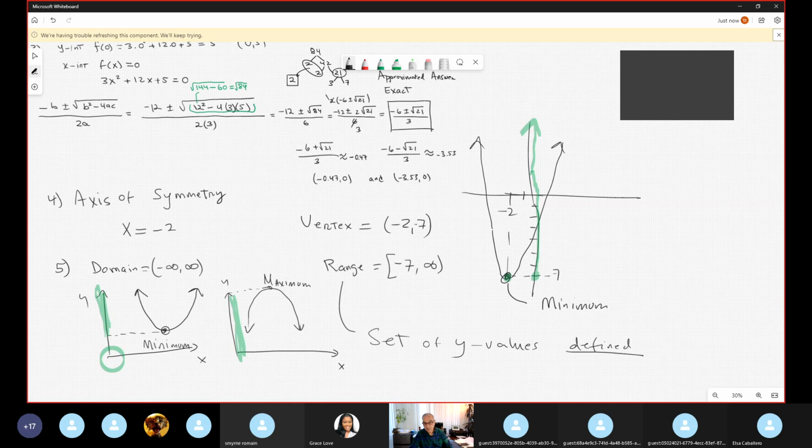If it is undefined, it's out. But we have the parabola only in that part. We have no parabola at negative 8, negative 9, or negative 10. Therefore, the range is the projection of the red curve onto the y-axis. It's obvious, from negative 7 to positive 8. Make sense now?